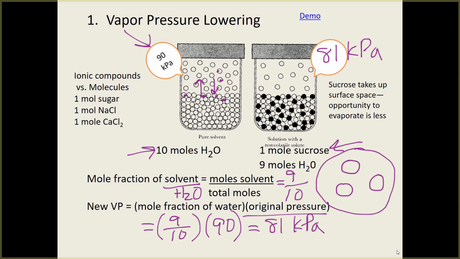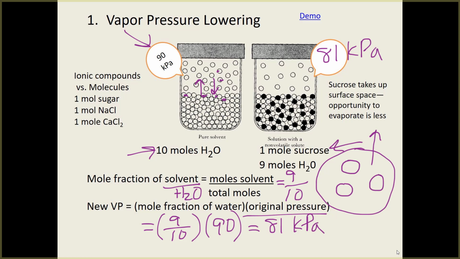So it's something that can be calculated, but again, you should know that for solutions, the vapor pressure is always lower because there's just less of a chance for the water to escape because the solute is taking up room. So let's address molecules versus ionic compounds that can be dissolved.